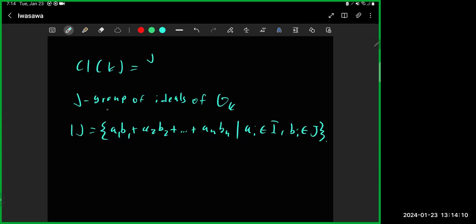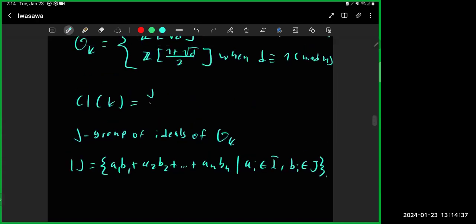So we can show that within O of K, these ideals form a group under this operation. Defining the inverse and such is a bit difficult and off topic, so let's just black box the fact that these form a group, since it won't play a big role in what's about to come.